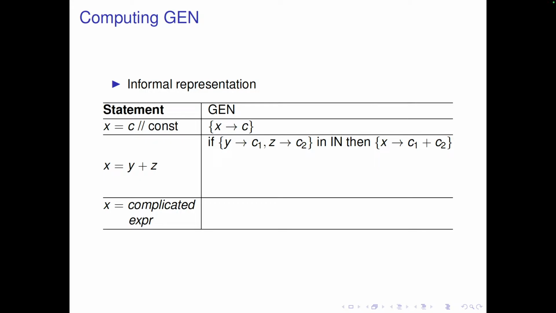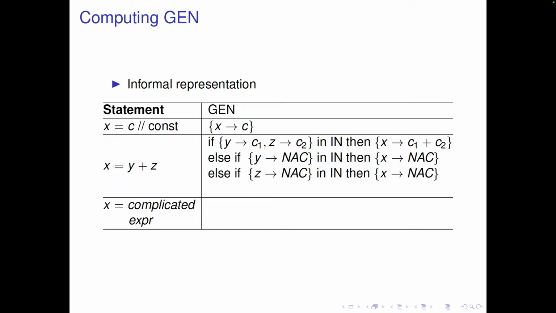Maybe y is not a constant. Okay. Then no matter what z is, I have to say x is also not a constant. What if z is not a constant? Again, what can y be in this step? Y can only be undef, because y is not a constant c1, actually there's slightly more combination, but yes. So it does not matter, if z is not a constant, then your expression is not a constant.